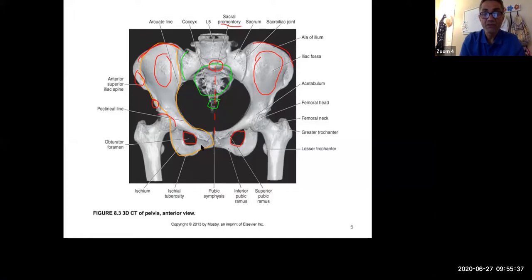The superior and inferior ramus of the pubis meet with the superior and inferior ramus from the opposite side to create the symphysis pubis articulation. The rough area on the posterior aspect of your ischium we call the ischial tuberosity. And of course, your hamstring muscles, when we talk about them, use this ischial tuberosity as their origin.